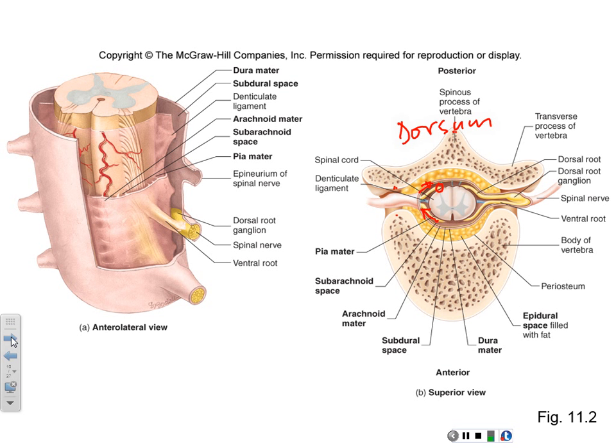And the dorsal root has got a ganglion here, so that means it will synapse with another neuron. So there's a cell body and then another synapse that goes in there. All right. So when the ventral root and the dorsal root unite, that's when they form the spinal nerve. Because the spinal nerve will contain both sensory and motor. It will be a bundle of axons containing sensory axons and motor axons.